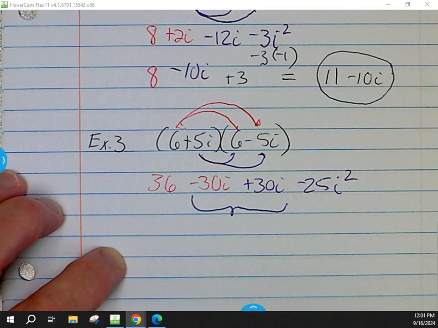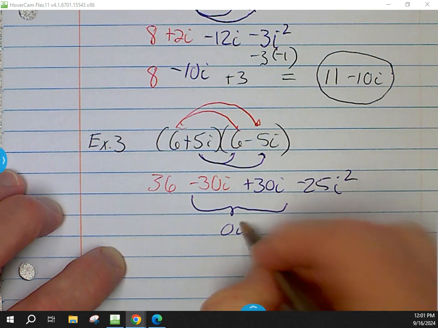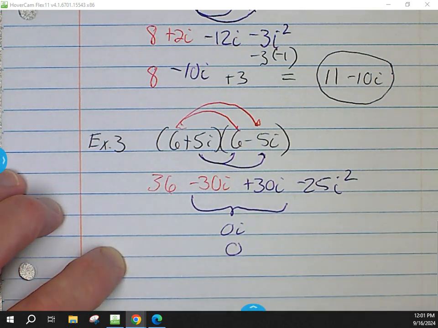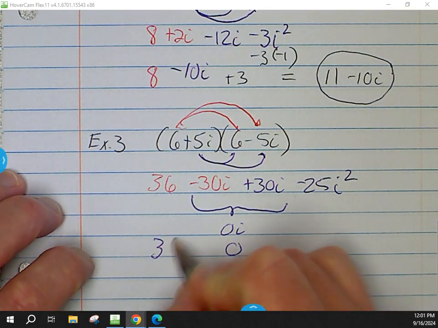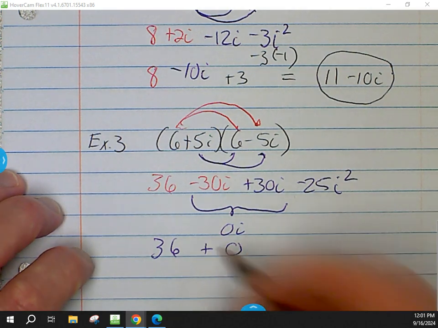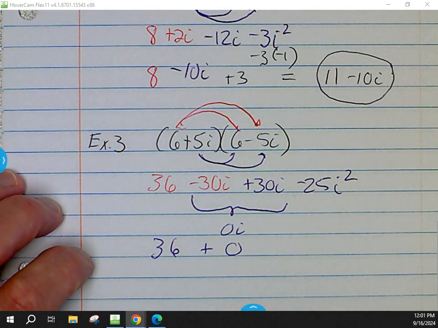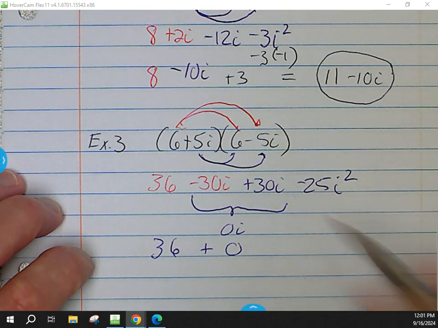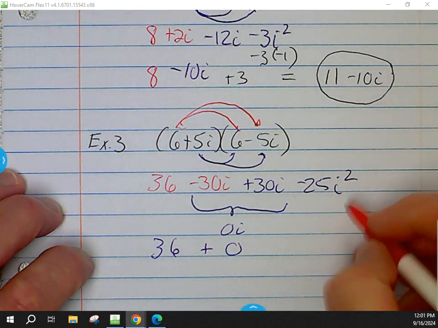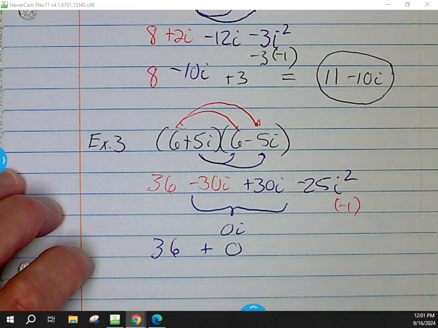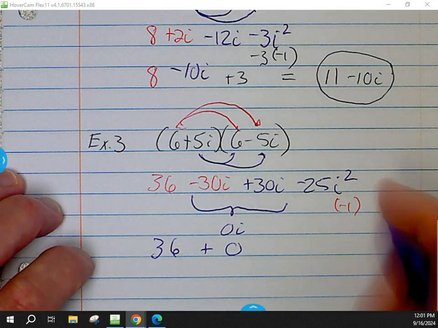Well, what happens when you do 30 minus 30? You get 0, right? If you do 0 times i, that's just a 0. So we've got 36. We're going to add 0 to it, which isn't going to do anything. And then at the end, we've got the negative 25i squared. But because of the i squared, we're going to take out the i squared and replace it with negative 1.